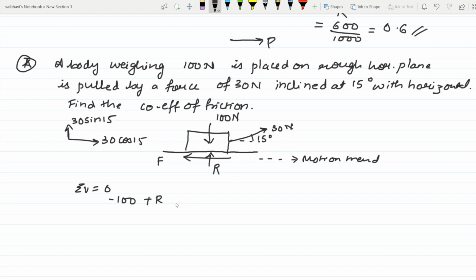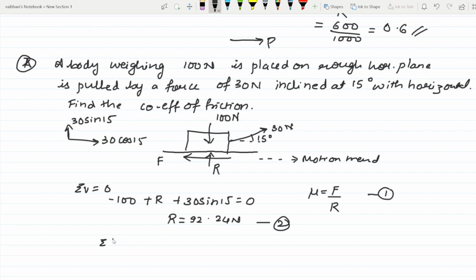Taking the summation of vertical forces, we get R plus 30 sin 15 minus 100 equal to 0. So R equal to 100 minus 30 sin 15, which is 92.24 Newton. Then we write the equation mu equal to F by R. Let this be equation 1, and this is equation 2.